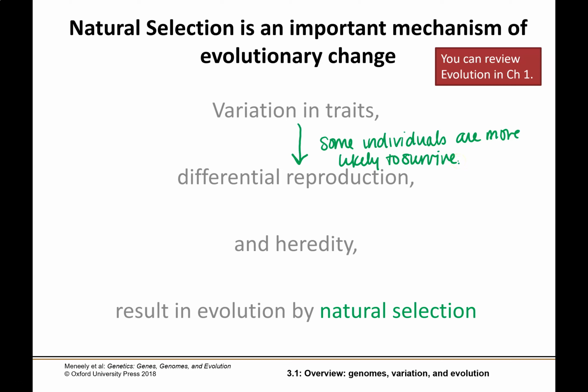So that is natural selection and adaptation. This leads to differential reproduction. That means when those individuals are more likely to survive, they are also more likely to reproduce and therefore pass on their genes.